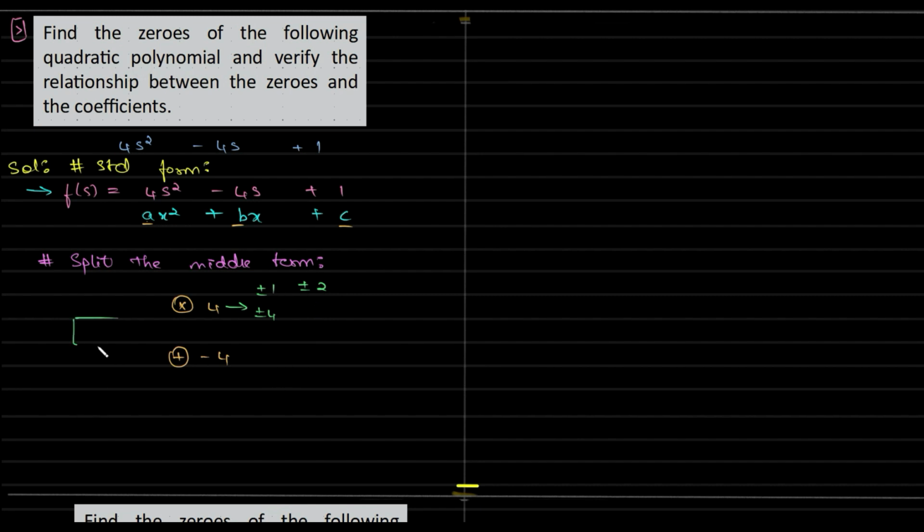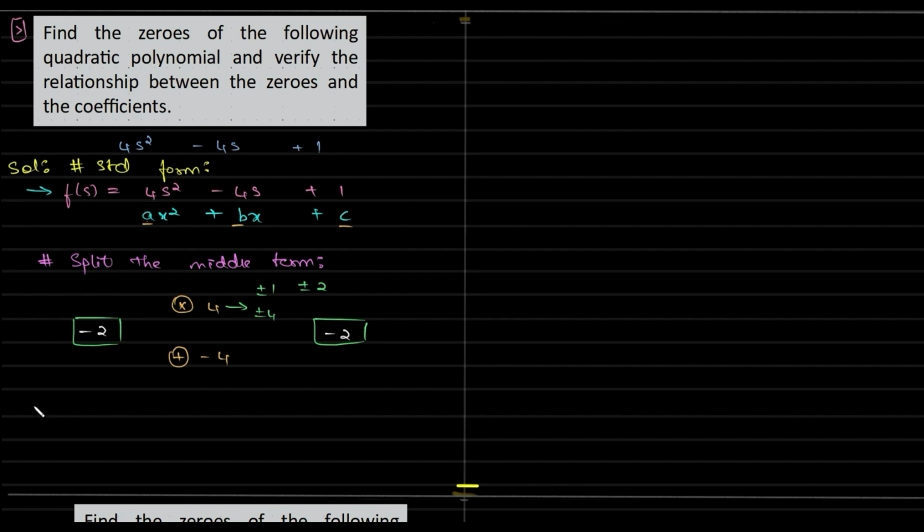So we need two numbers, right? We're looking at minus 2 and minus 2, is it not? 1 and 4 is not possible. So we are looking at 2 into 2 is 4, but when added, it should give me negative 4. So for that sake, I have to take negative 2 and negative 2. So we have split the middle term.